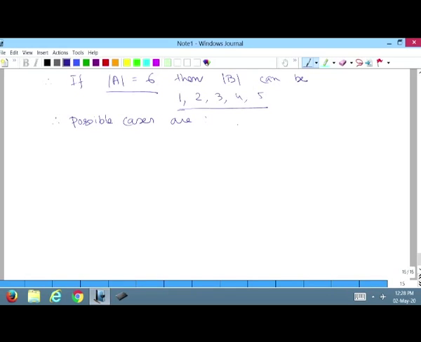B can be of size 1, that can be done in 6C1 ways. B can be of size 2, that can be done in 6C2 ways.